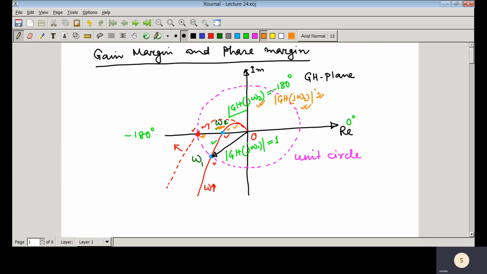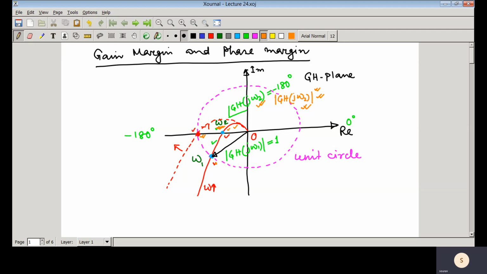So if this particular value is very small, suppose 0.1, then its reciprocal would be 10. That means if we multiply that loop gain with a 10, only then that system would come on the critical point. That means that system would be on the verge of instability.